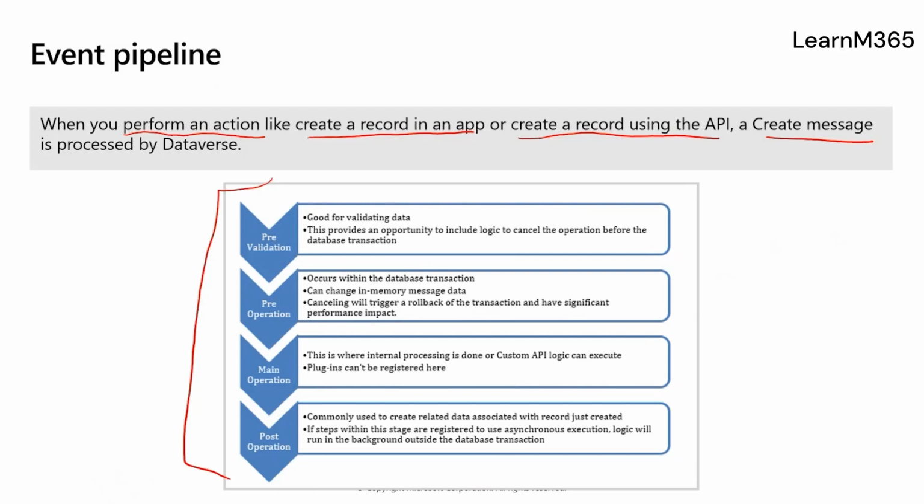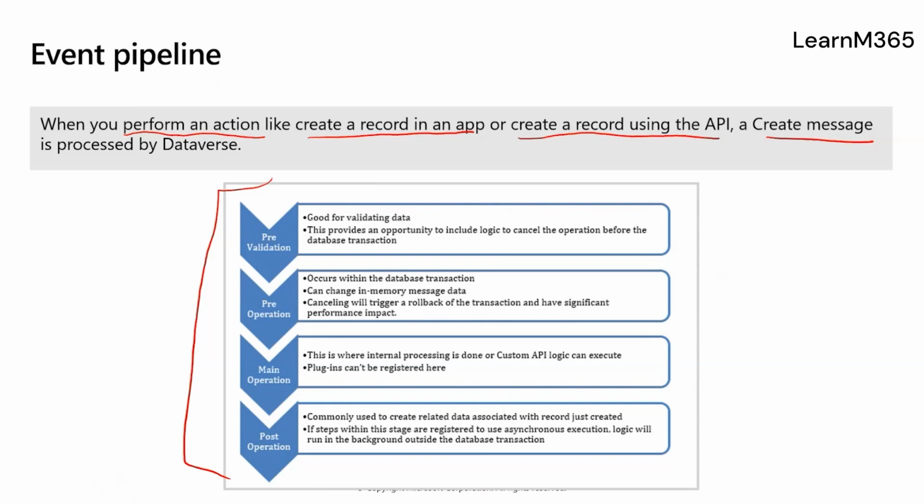Understanding the pipeline is also essential, so let me help you to understand it. The first stage is pre-validation. This pre-validation event occurs first in the pipeline before any security checks are performed.